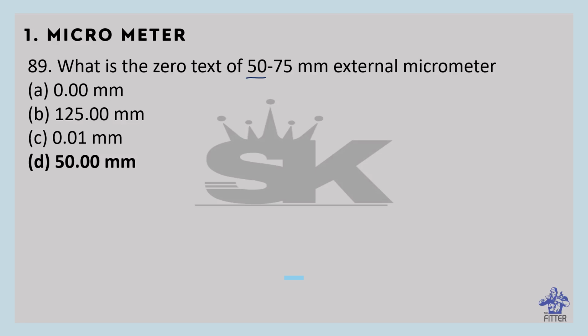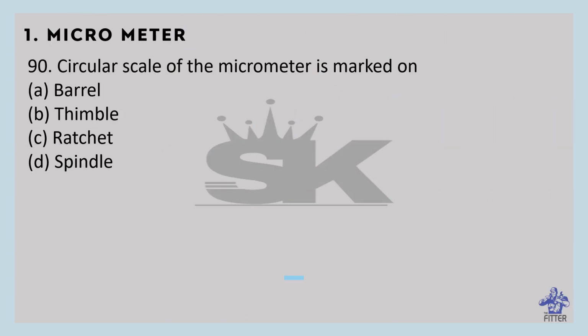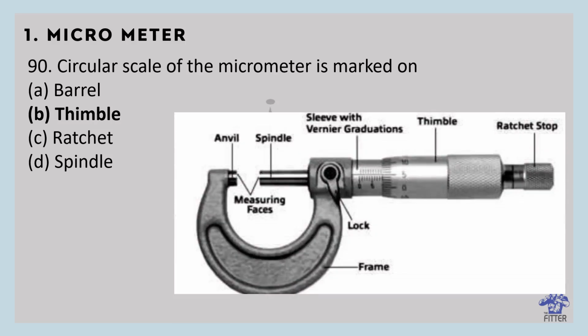The circular scale of the micrometer is marked on the thimble. You can see here in the image, this is the thimble, and you can find those markings.